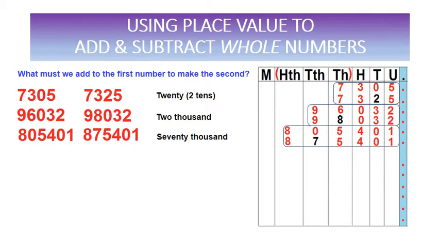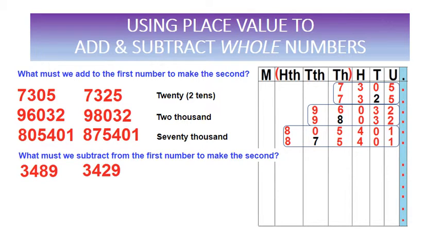We might be asked to do it the other way round then. So, for example, what must we subtract from the first number to make the second? So again, we're going to use our place value scale because it makes it really clear. What have we subtracted? You can see that there's only a difference in the tens column. We've subtracted 6 lots of tens, which is the same as 60.